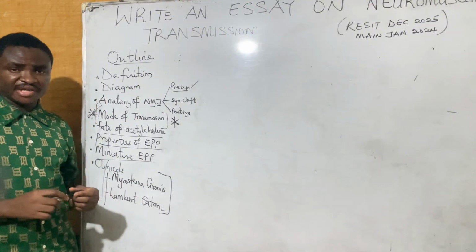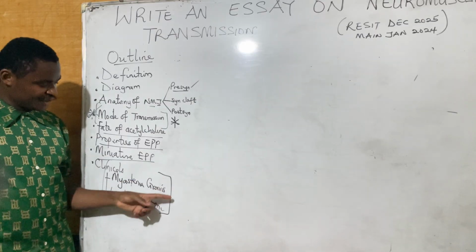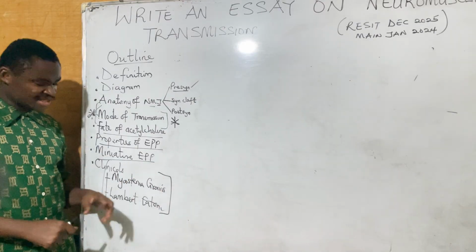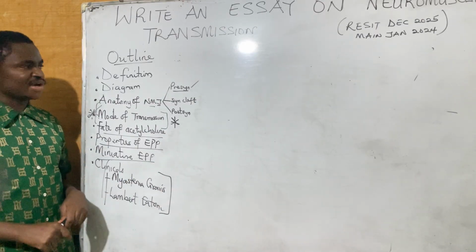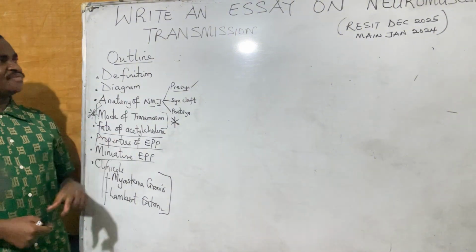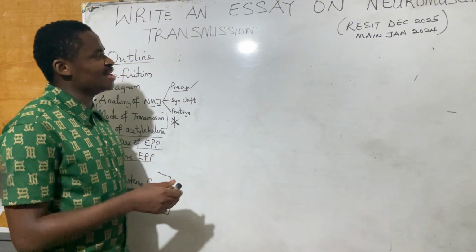But for clinicals, I'll dedicate a separate video discussing them in detail because these are short note questions necessary for your exams. Now, what is the definition of neuromuscular transmission or the neuromuscular junction?